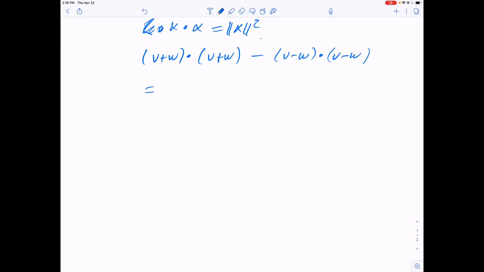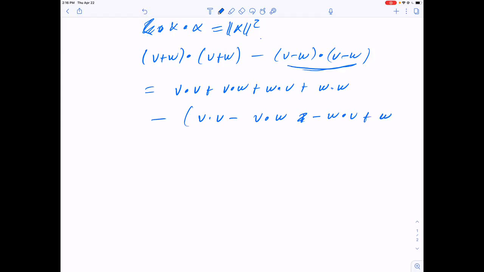And this gives you, remember the dot product's linear, so this gives us v dot v plus v dot w plus w dot v plus w dot w minus v dot v and minus v dot w, or sorry, no, minus w dot v, here I'm just expanding this out, and then plus w dot w. So is there any confusion there? Hopefully there's no magic, but is anyone confused?